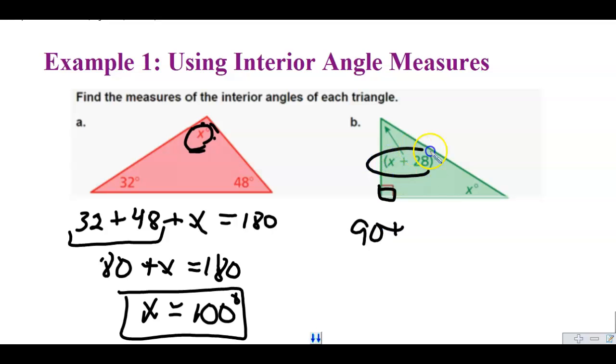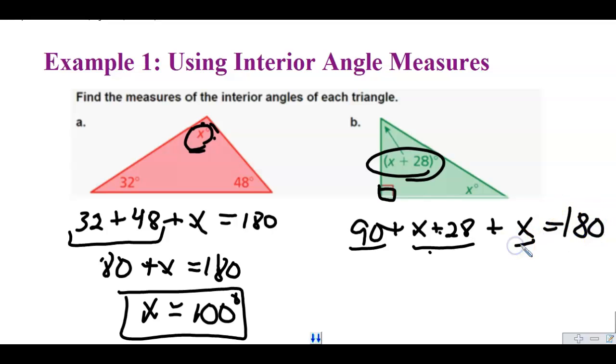We have one angle that's equal to x plus 28, so we're just going to write that in. And then our third angle is equal to x. All three of these angles added together equal 180. Now we can combine like terms and solve the equation.